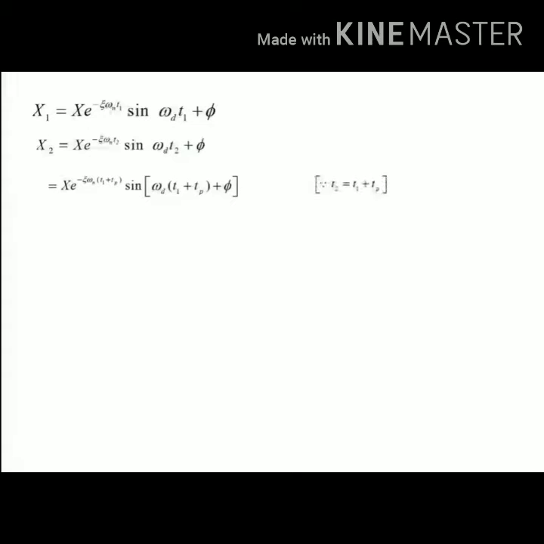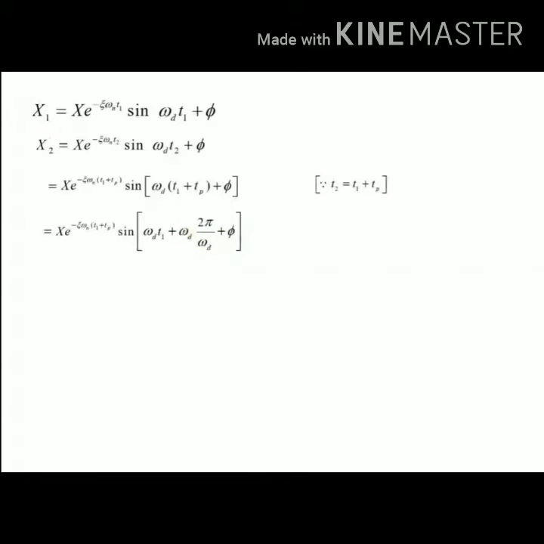So we put here t2 is equal to t1 plus Tp. We know that time period Tp is equal to t2 minus t1. Then we put Tp is equal to 2 pi by omega d.